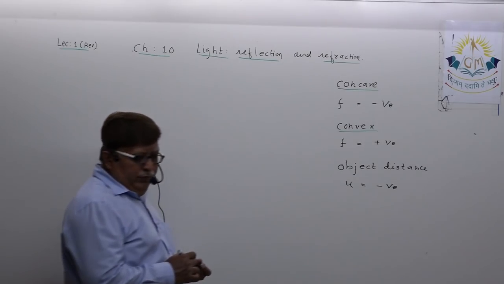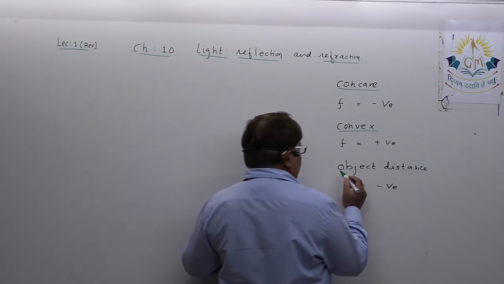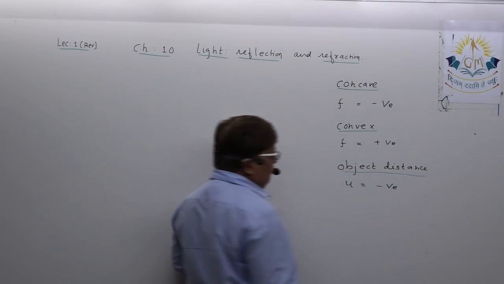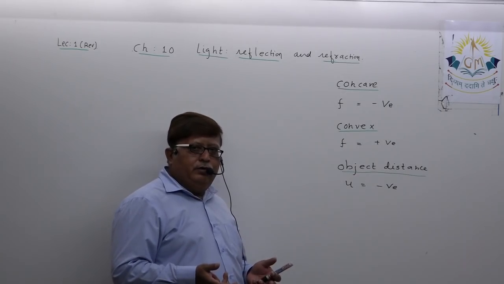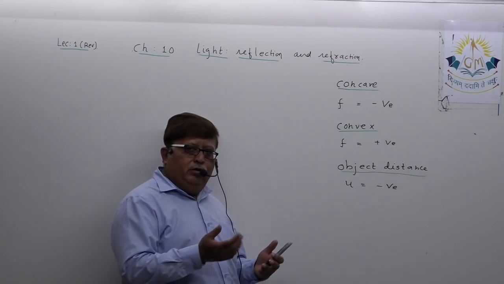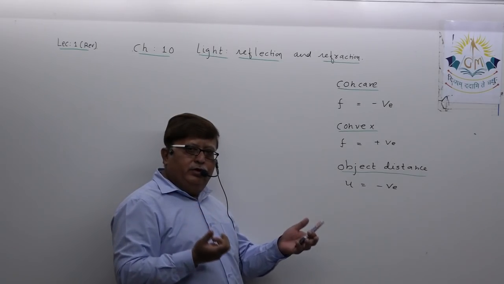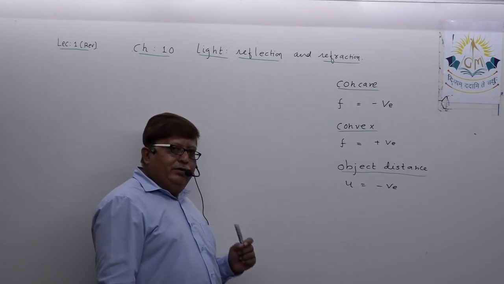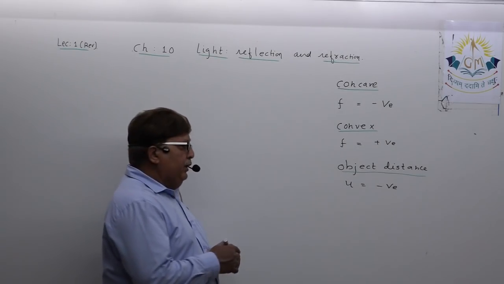Some of the important points you need to note down when you solve any numerical. This fact, object distance is always negative, is also reconfirmed by the sign convention of spherical mirror. Object is always kept on the left side of the mirror, so it is going to be negative. Remember, dear students, these are very important points going to help you.